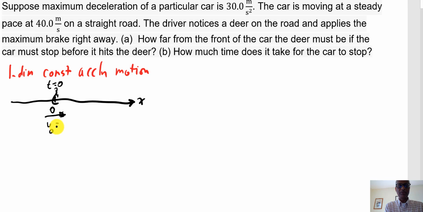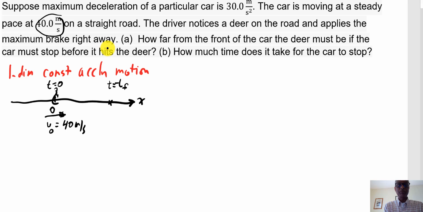So v0 here is 40 meters per second. It's going in this direction, so the final time t is here.